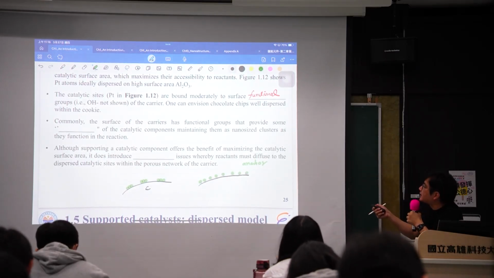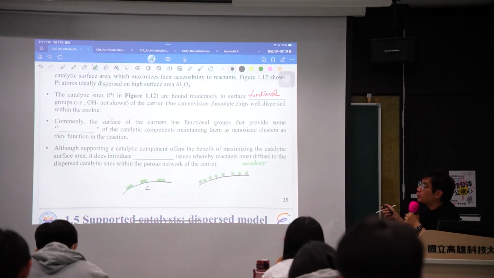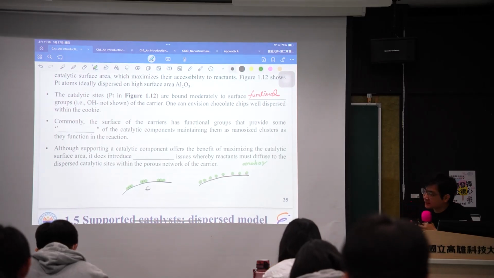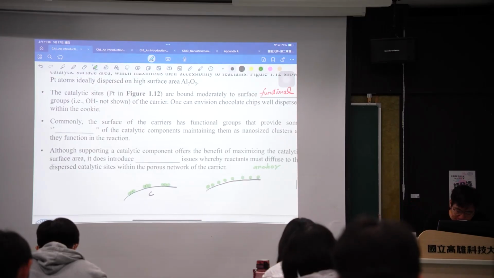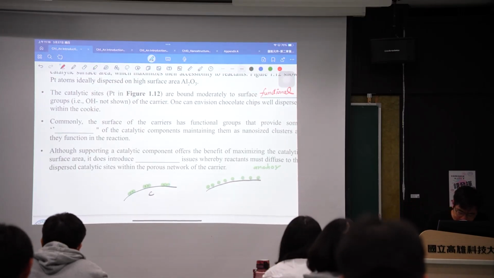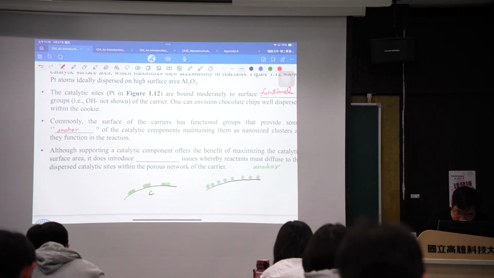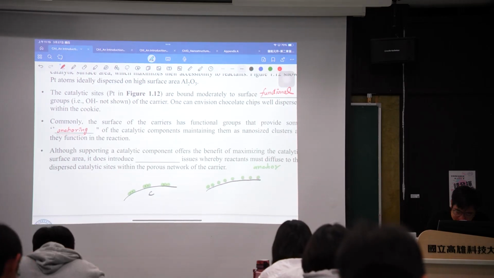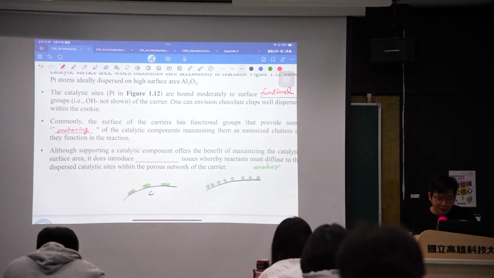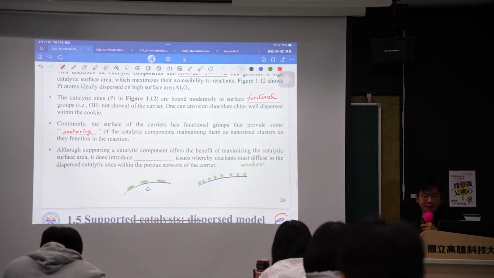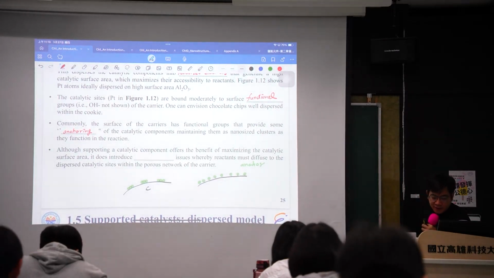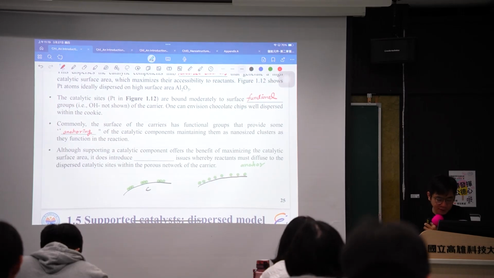So commonly, the surface of the carrier has functional group like OH that provides some anchoring of the catalytic components, maintaining them as stable as possible.